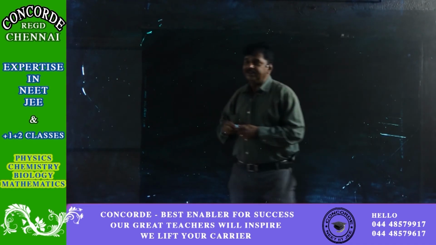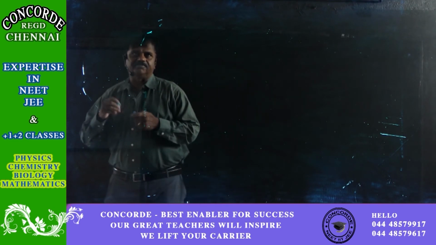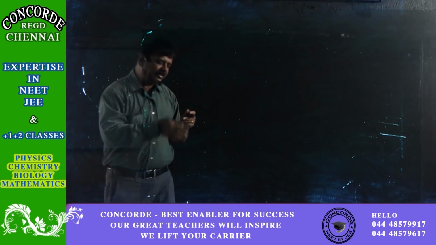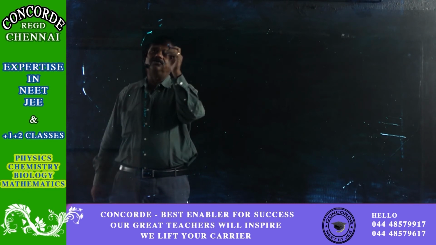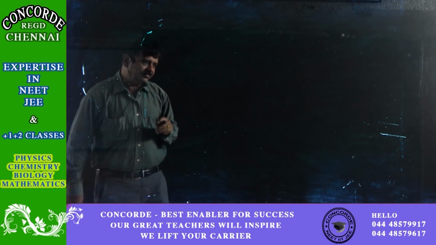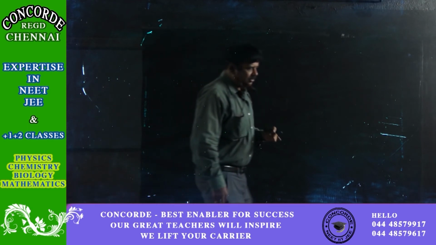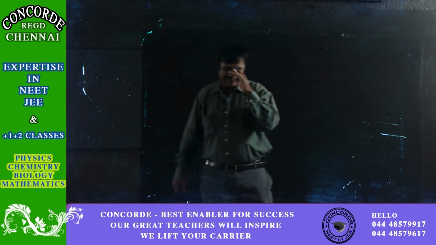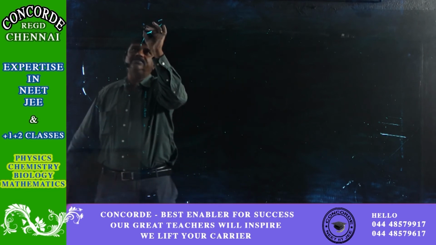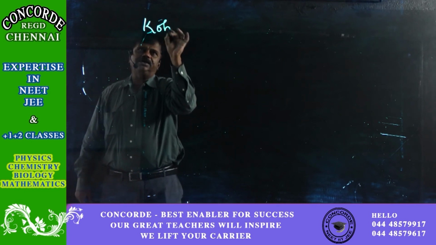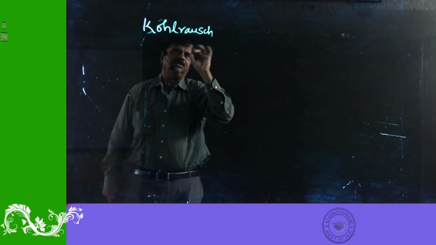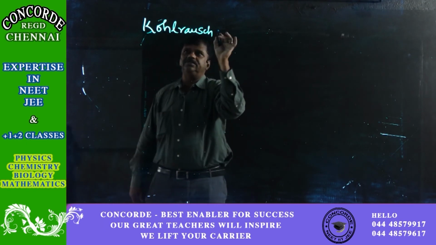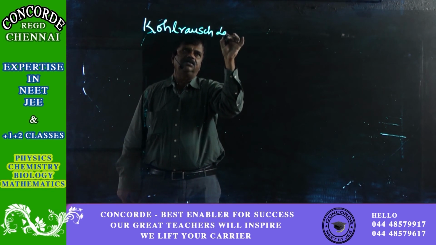Now we will see another important law concerning this. We also see in the graph how strong electrolytes and weak electrolytes behave, and how the concentration has a role on the equivalent conductance or molar conductance. Now let us see another important thing related to this. This is Kohlrausch law.